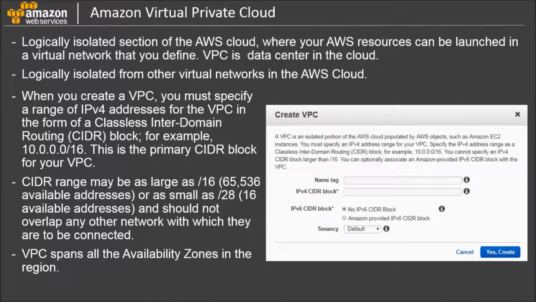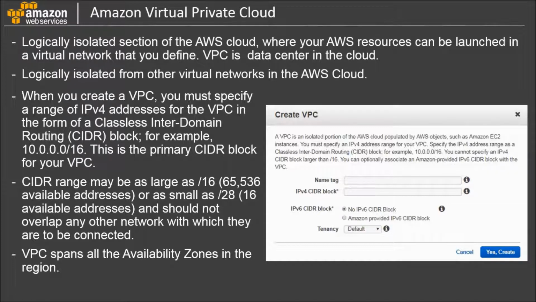You can optionally attach IPv6 CIDR block with a VPC. Here, as you can see from the Create VPC dialog, while creating a VPC, we must provide a IPv4 CIDR block, whereas IPv6 CIDR block is optional. Also, there is an option to select tenancy. You can run instances in your VPC on a single tenant dedicated hardware.